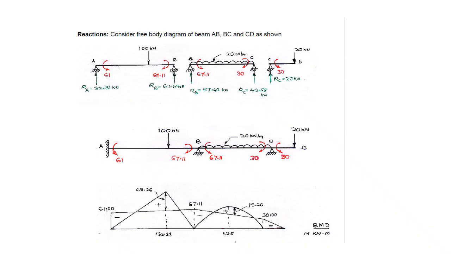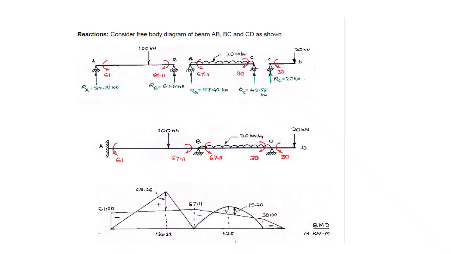So RA is 32.31 and RB is 67.69 kilonewton. Similarly, for BC, RB is 57.42 and RC is 42.58. And next, at the last support, the upward reaction is 20 kilonewton.